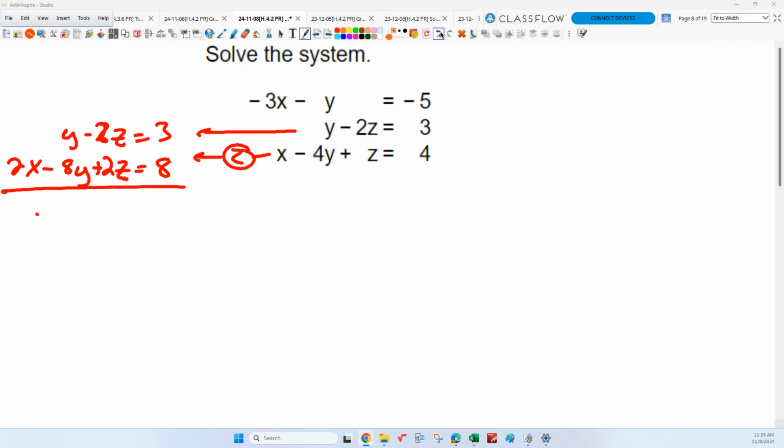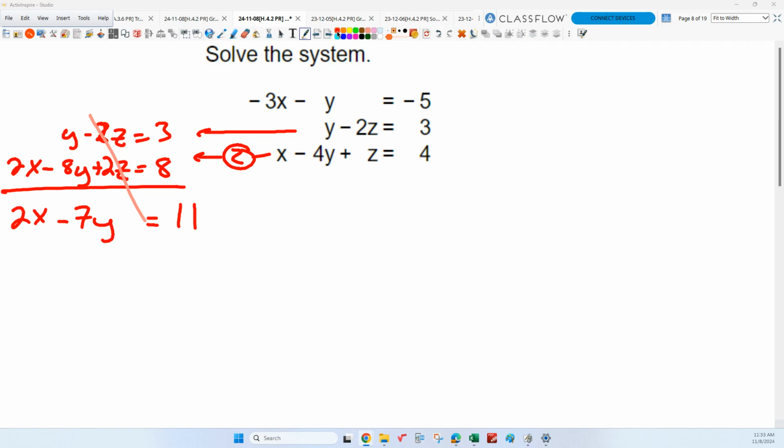Add those up. The z's cancel, and I get the equation 2x minus 7y equals 11, right? Okay, there's an equation in x and y.